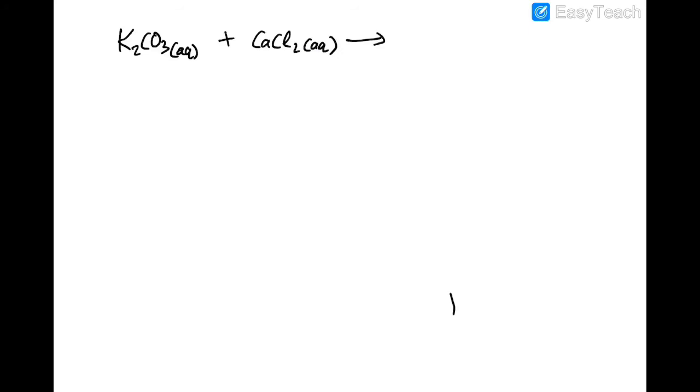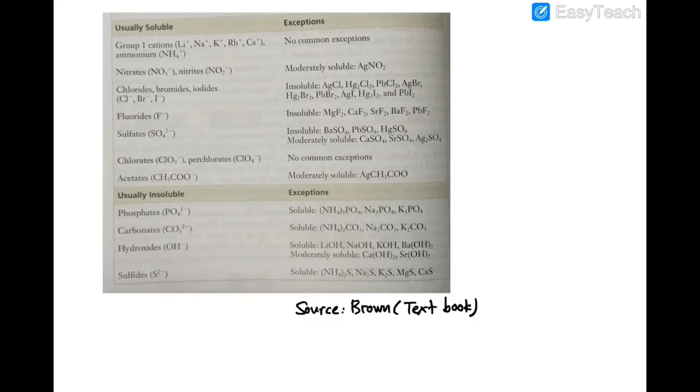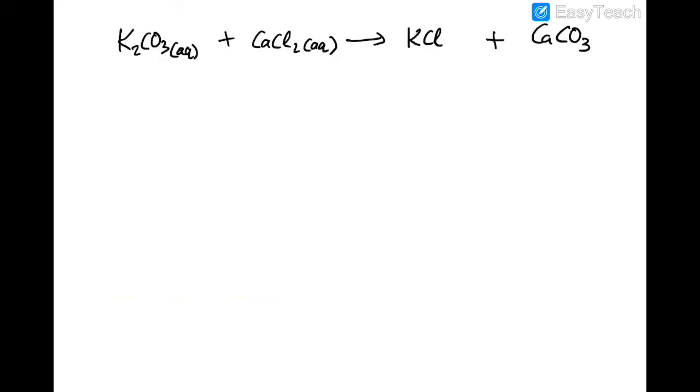So this will result in KCl, all right, plus CaCO3. Now, KCl is still soluble because all salts that contain Cl minus are usually soluble. So you can still write this down as aqueous.